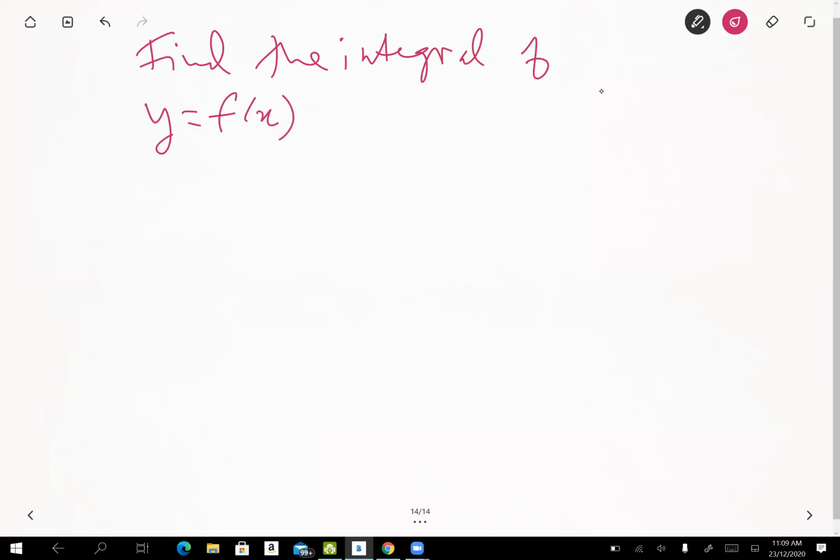Now I want you to find the definite integral of y equal to f of x equal to x squared plus 3 from x equal to 2 to x equal to 6.